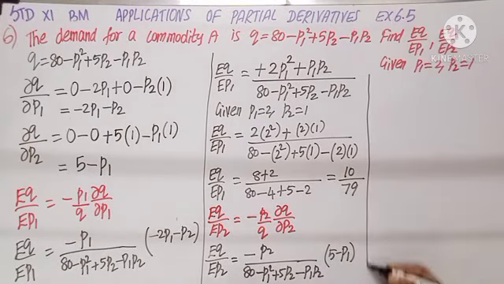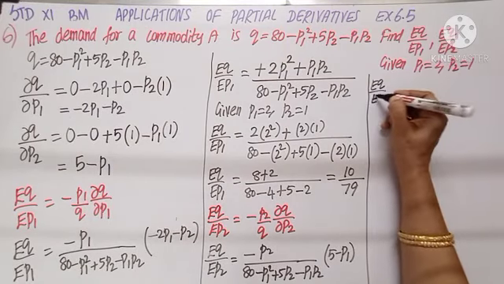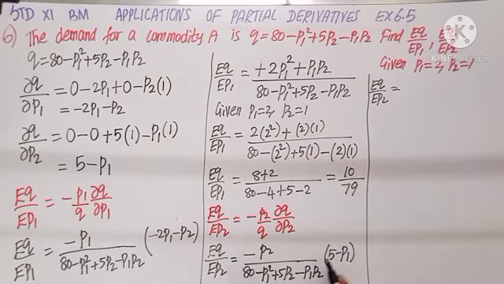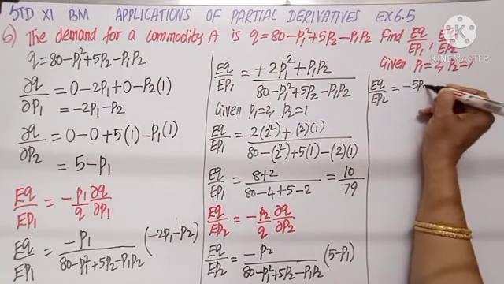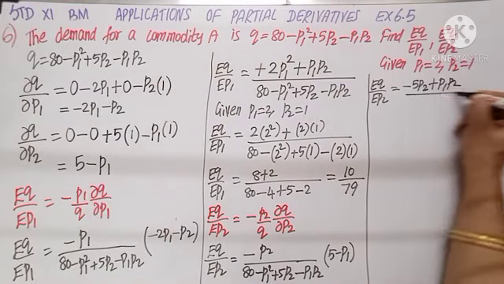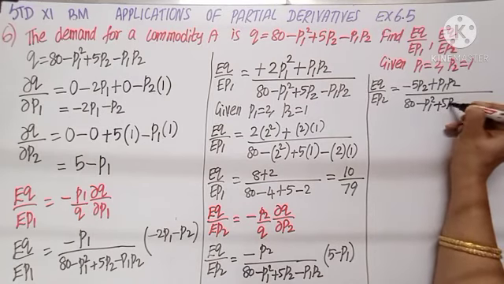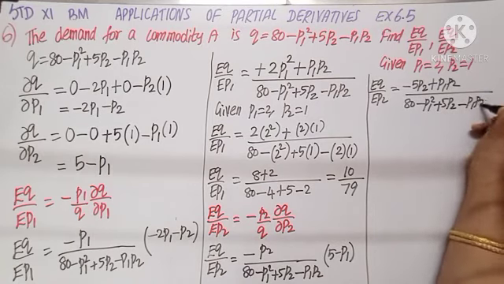As we multiply, EQ by EP2 equals minus P2 into 5, minus into minus plus P1 P2, divided by 80 minus P1 square plus 5P2 minus P1 P2.